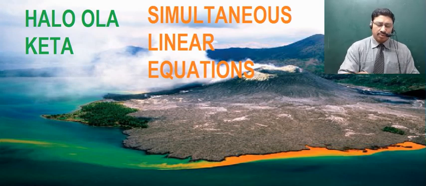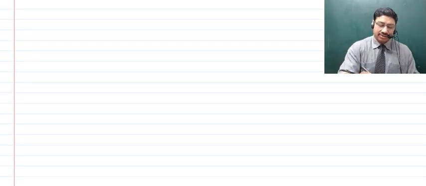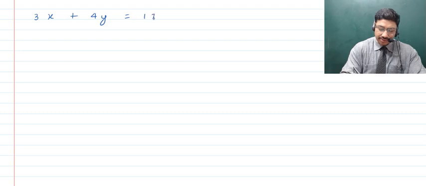For example, let's say we have 3x plus 4y is equal to 17, which is one of the equations, and let's say the other equation is 2x plus 5y is equal to 13.